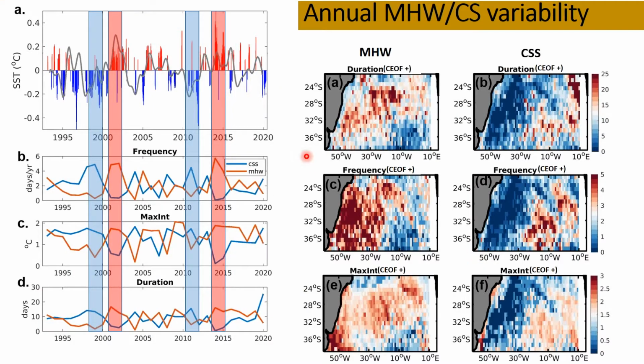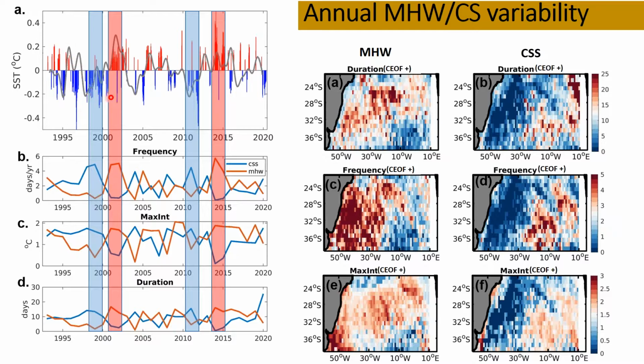So if we analyze now in terms of the annual mean of the events for the different metrics that we can calculate for marine heat waves, which are frequency, maximum intensity, and duration here, depending on the phase of the complex EOF, we have very different events, here in blue the cold spells and in red the marine heat waves.